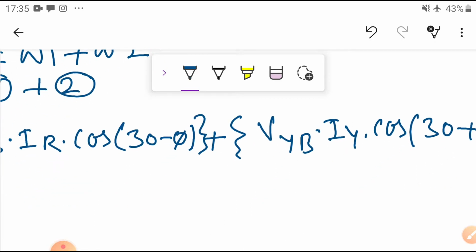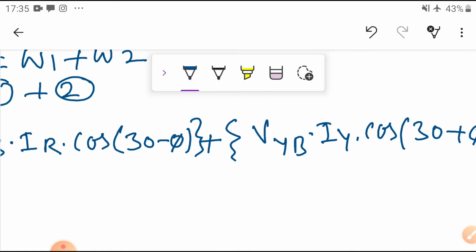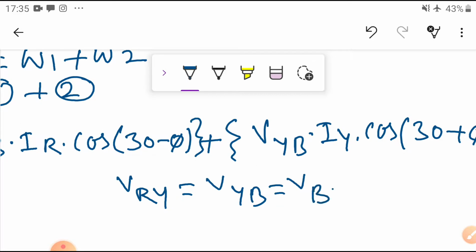Okay. Now, these two equations we have written. Now, here we assumed VRY. Okay. We have taken all these values in the balanced condition. So simply I can take the load as balanced. So we have VRY, VYB, VBR equal. So for line voltages, we can take the simplification VL. Okay.